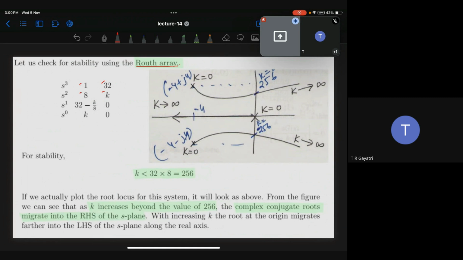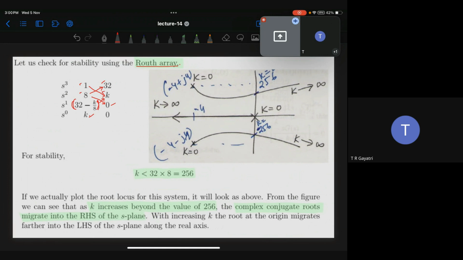So you're finding this term as (8 multiplied by 32 minus k multiplied by 1) divided by 8. That will give you this one. This is 0. This will be again this term multiplied by k, 8 multiplied by 0 divided by this term, that will give you k. Is this clear?